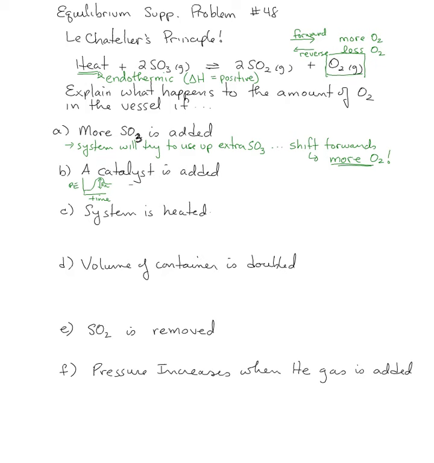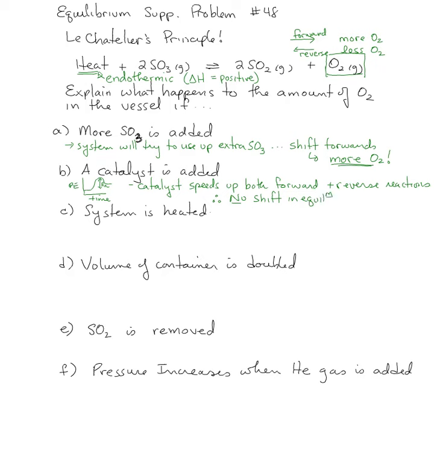So we'll say here the catalyst speeds up both the forward and reverse reactions. Since it's speeding up both the forward and reverse, therefore there will be no shift in equilibrium.